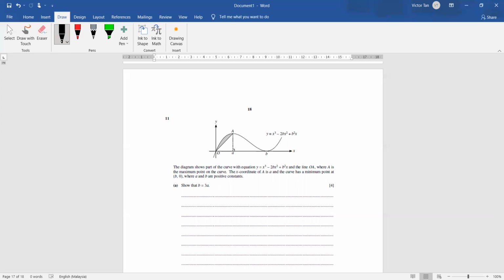Well, maybe you want to find dy/dx. That is 3x squared minus 4bx plus b squared. Now at the maximum or minimum, it will be 0.